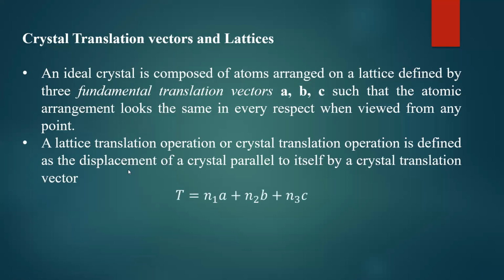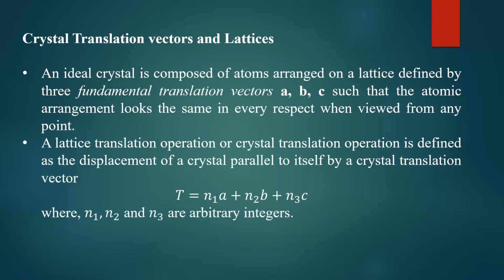So the translational vector can be defined as T = n1 a + n2 b + n3 c. That means if you move the crystal along direction A by a distance n1, by a distance n2 along B, by a distance n3 along C, then the entire system will not change its structure. That is called a translational operation.